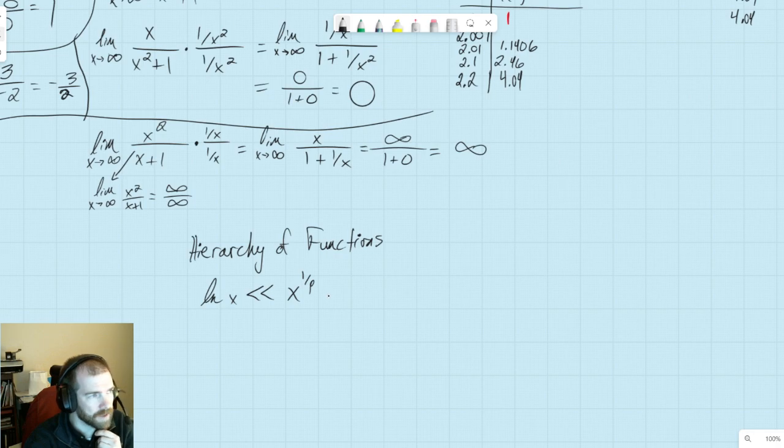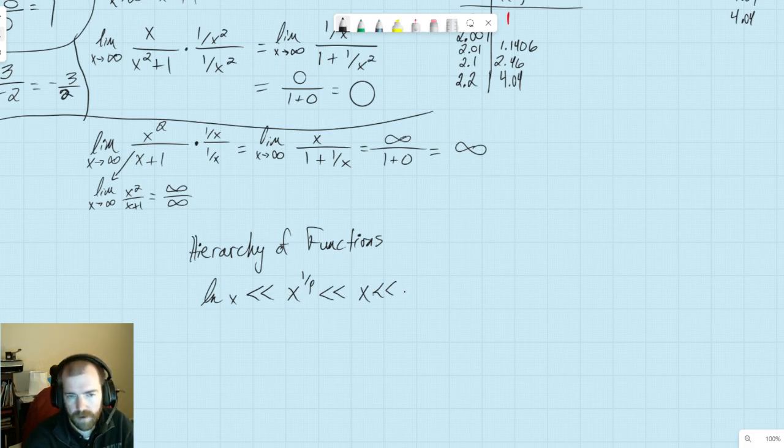And then we get something that is... Yeah, that's alright, we'll leave it there. So we got just x by itself, or x to the first, is going to grow faster than x to the 1 over p, some sort of xth root.